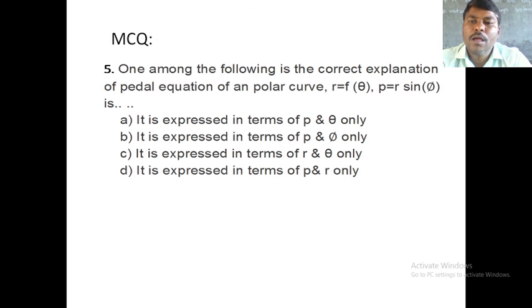Last one: which of the following is the correct explanation of the pedal equation of a polar curve? r is equal to f of theta, p is equal to r sin phi, answer is D: it is expressed in terms of p and r.